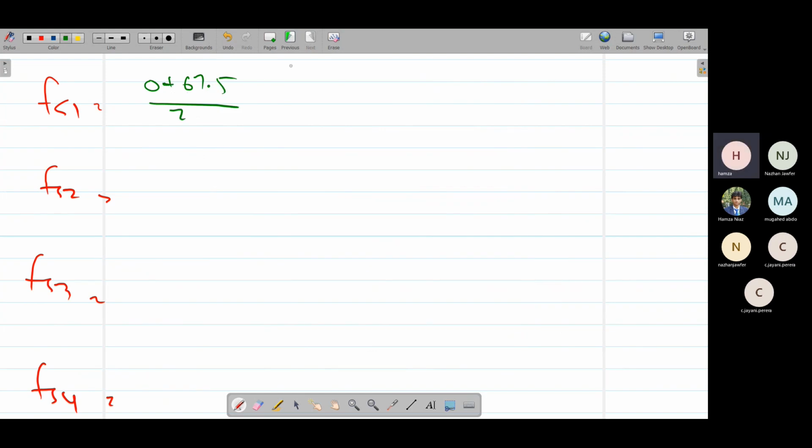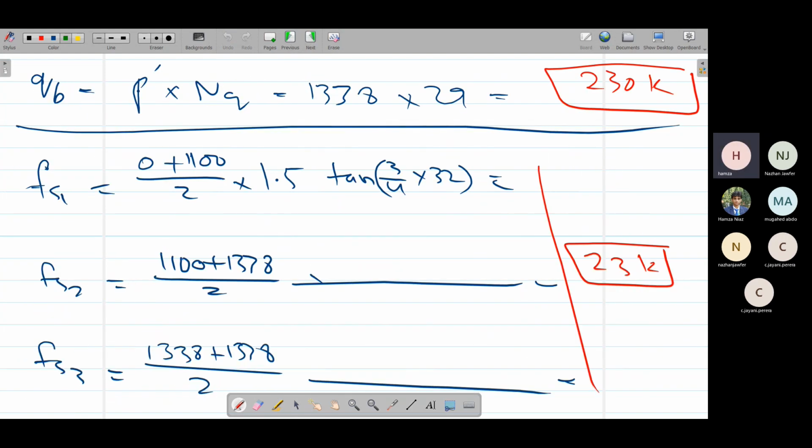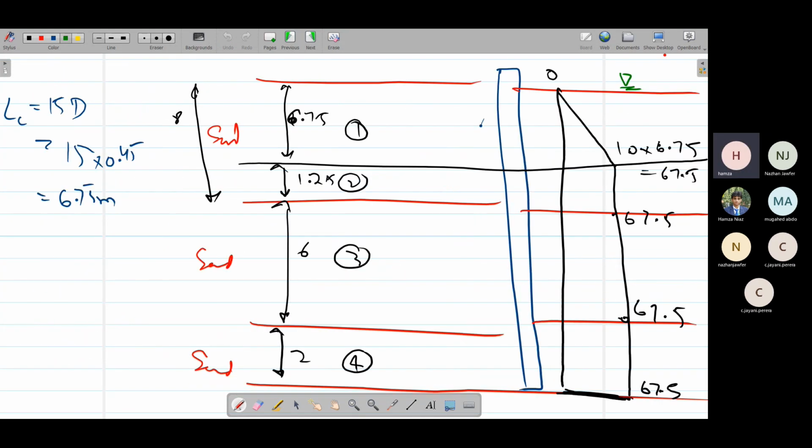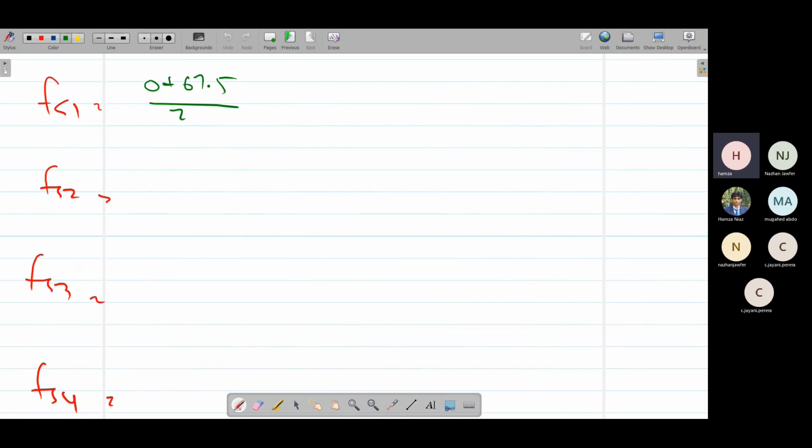In all the next layers, the value of P becomes constant, because this is below the critical depth. So we can simply write 67.5, because the value of P is the same. It becomes constant. This times Ks.